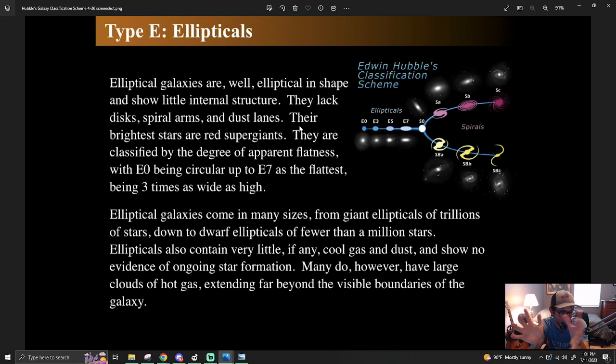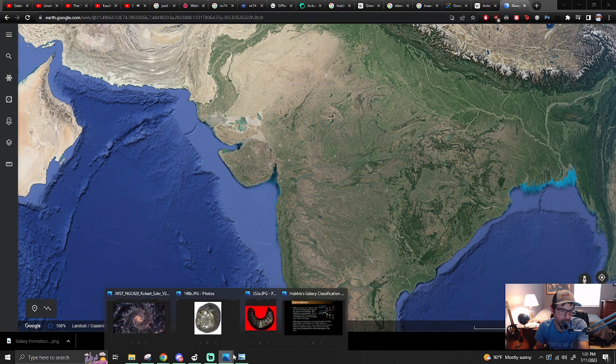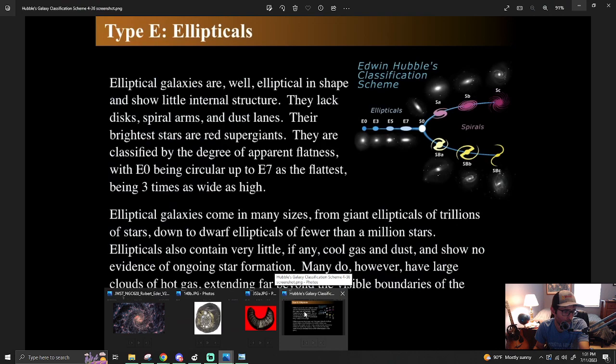They're just compacted mounds. Very little, if any, cool gas and dust, which I don't know what to make of exactly. No evidence of ongoing star formation. Many do, however, have large clouds of hot gas far beyond, which is maybe because neutrons don't tend to exist alone.